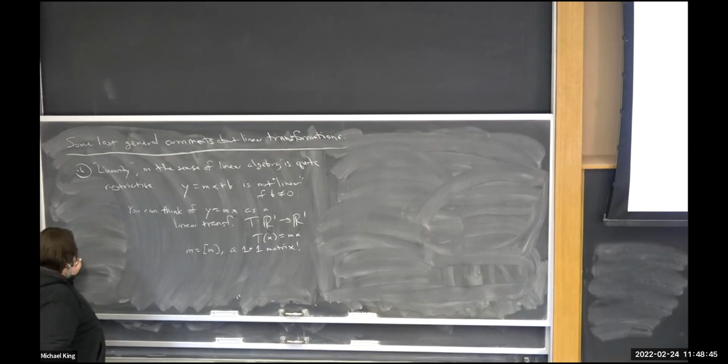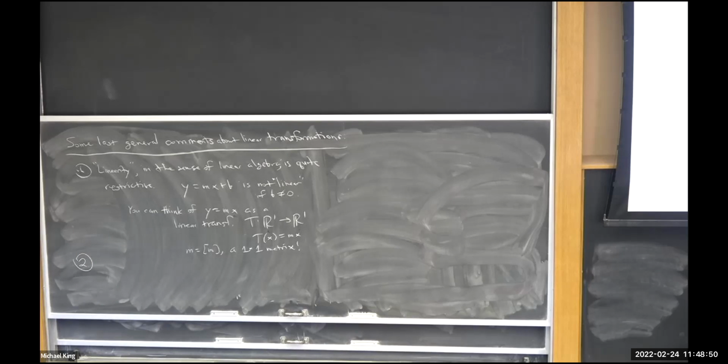The second comment is about these pictures that we had in number 7, where I was sort of saying that because of linearity, if you draw T of i and T of j, so T of i here is (2, 1), and T of j is (-1, 1).